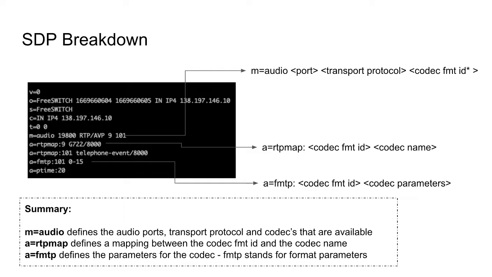Well, it's 0 to 9, and then you have a star, a pound sign, and a couple other digits that it supports. So that's what that is representing. But in general, the format parameter line allows you to define a set of parameters for a particular codec.